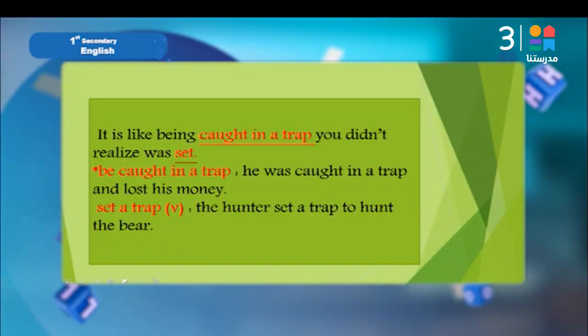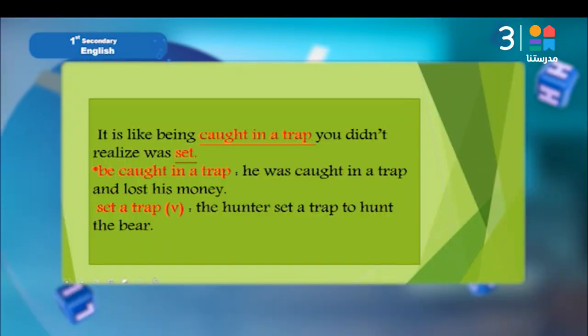A scammer set you a trap, so you are caught in a trap. Did you get the difference? Caught in a trap, now you are the one who has been trapped. But set a trap, you are the one who makes the trap. So this is the difference between these two phrases.